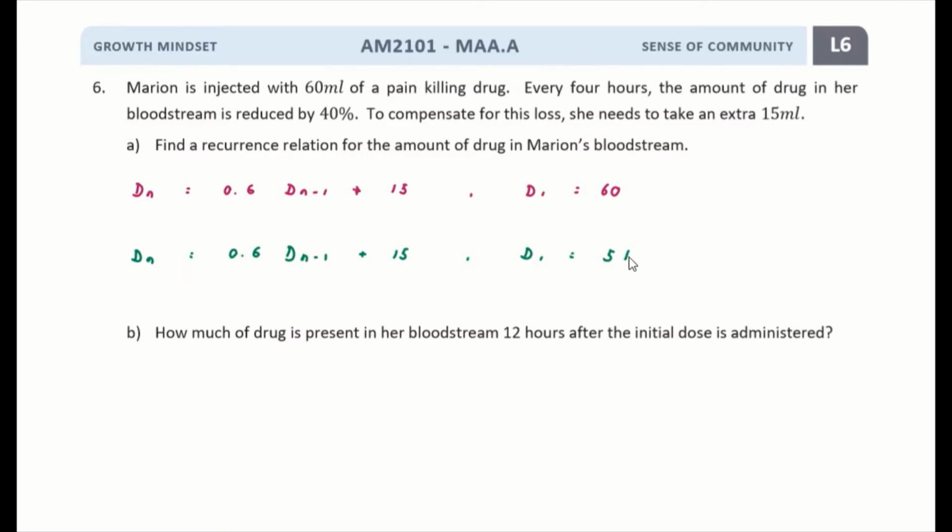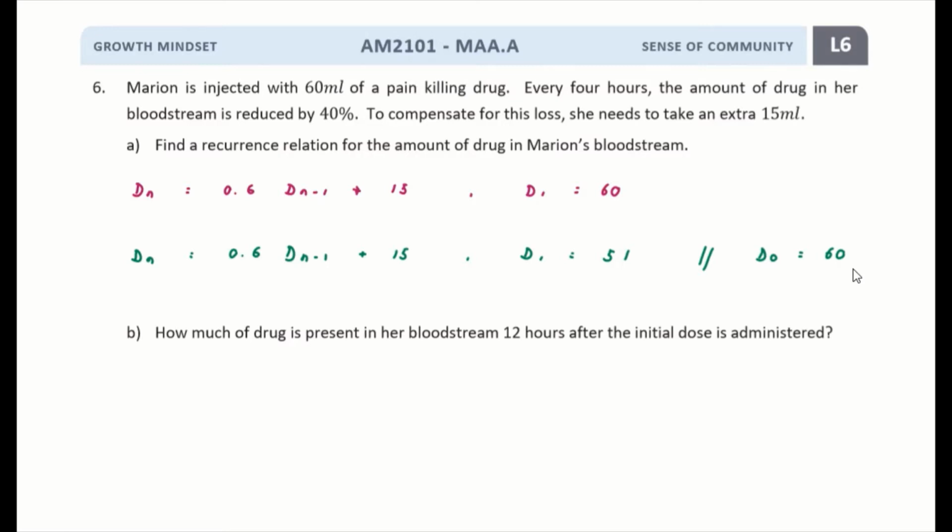So when I do after the second 4 hours, I will do D2. So that's the idea. Another alternative is that the term before 51 is called D0, and that's basically 60. So both can be accepted. It's just that you start with a different term, but you understand what your term means.